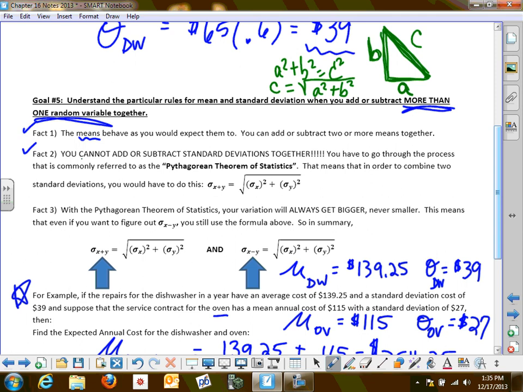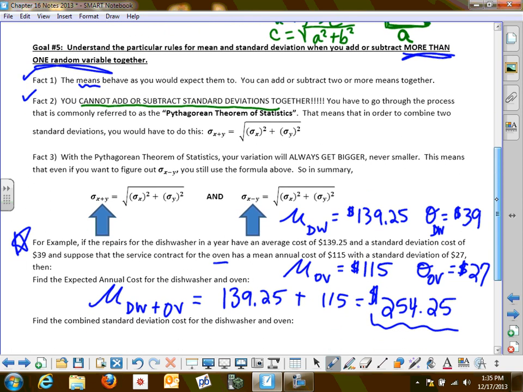Because you cannot straight up add or subtract standard deviations. You have to go through the Pythagorean theorem of statistics. So, let's do that example. See here? The standard deviation of 2 items added together is the square root of the first one's standard deviation squared plus, and this is always plus, never, ever, ever minus the other standard deviation squared.